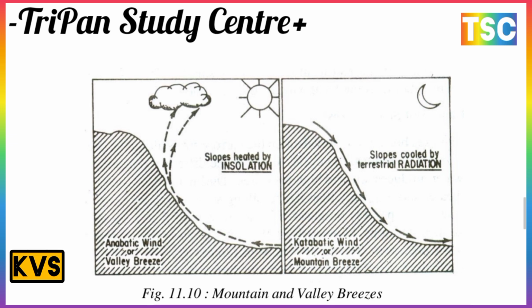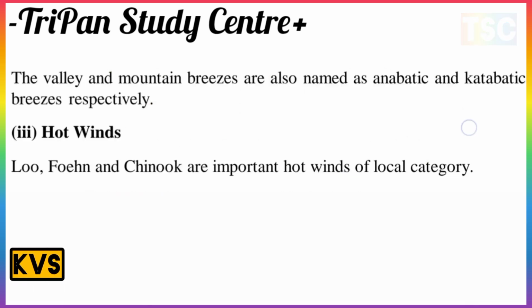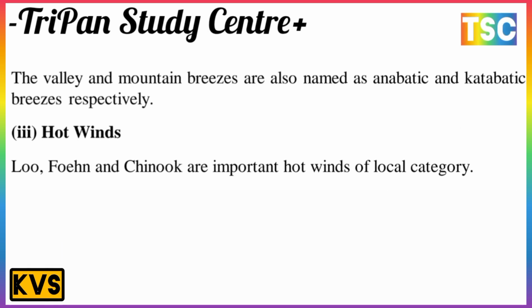The valley breeze occurs when the sun is rising, and the mountain breeze at night. The valley and mountain breezes are also named anabatic and katabatic winds respectively.